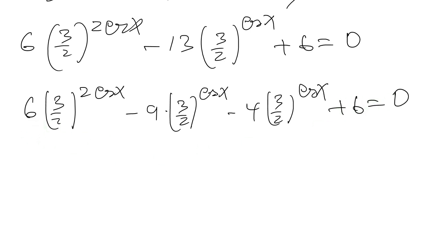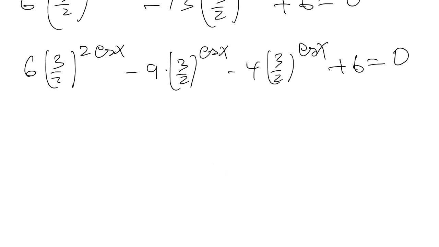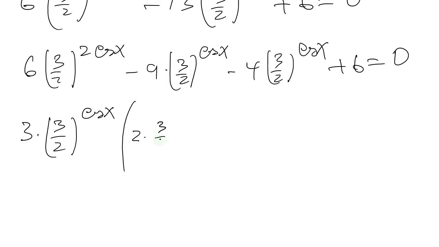From here I can factor out, actually what I'm going to do is factor out 3, which multiplies 3 over 2 to the cos of x. If I factor out this, I have to multiply by 2 times 3 over 2 to the power of cos of x.